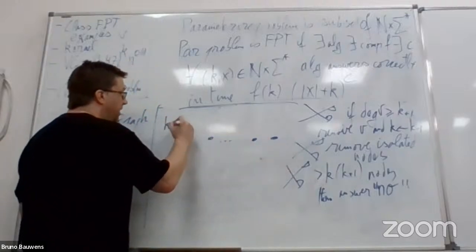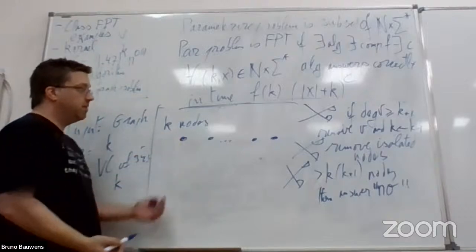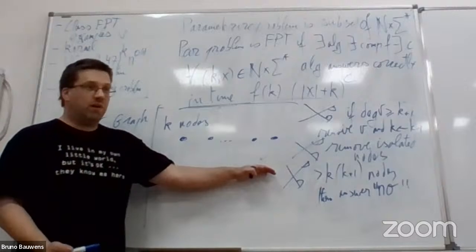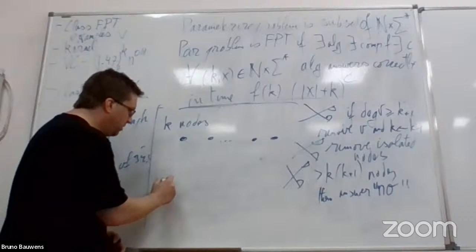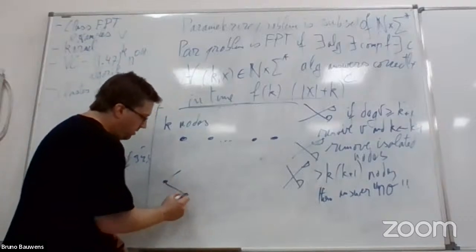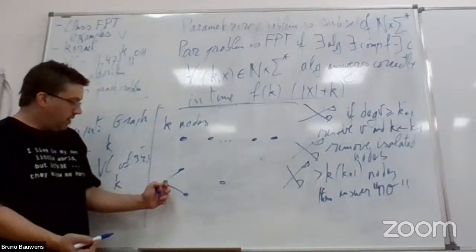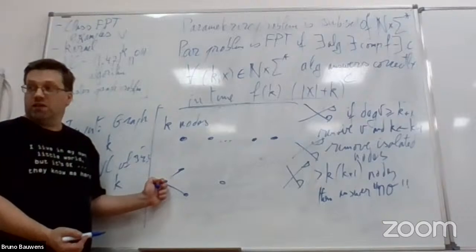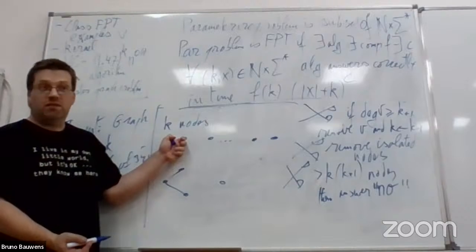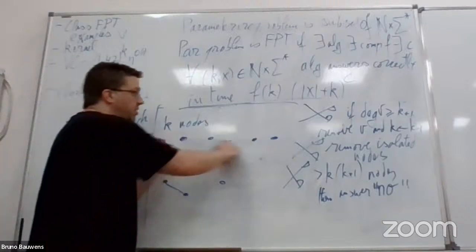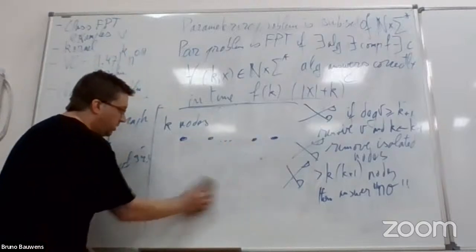Here we have k nodes in the vertex cover. What is the maximal number of nodes we can have in the graph at this point? We know there is no isolated node, so every node in the graph must have at least one edge. We also know that if a node is not in the vertex cover, then its edge must go to a node in the vertex cover. So assume that this is our vertex cover. Every edge must have one endpoint in these nodes.